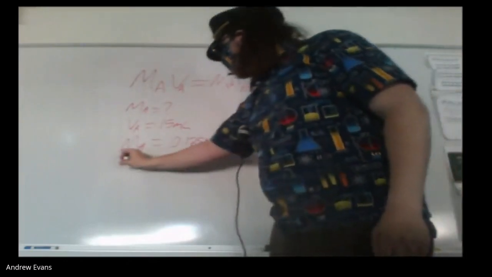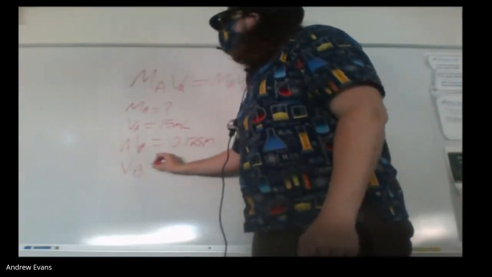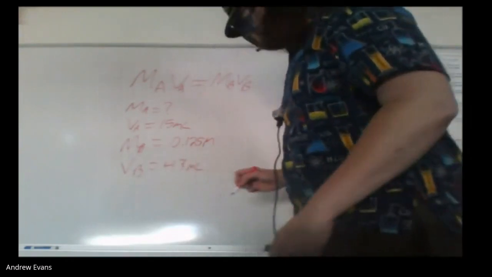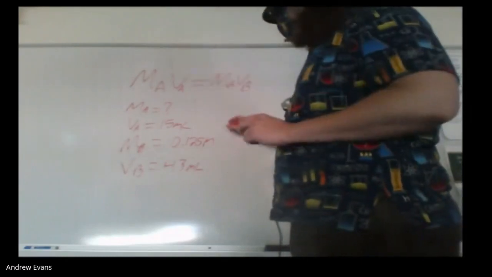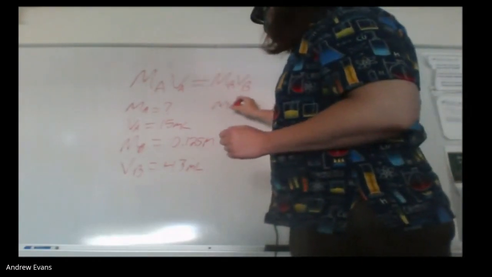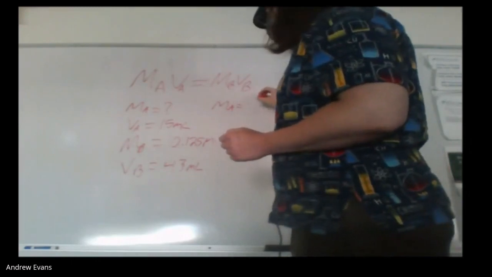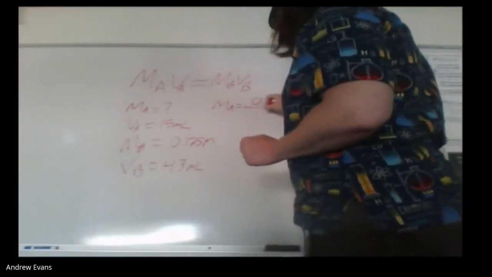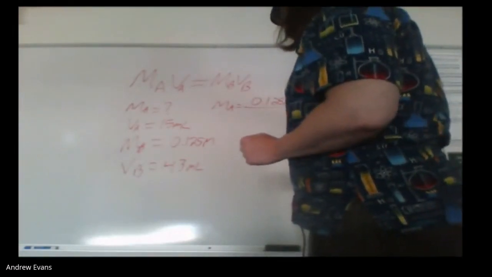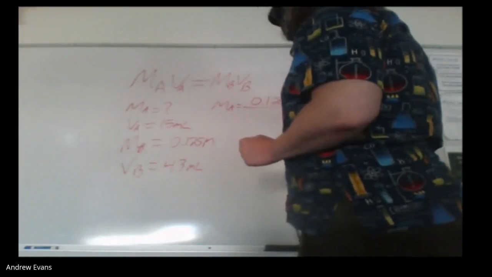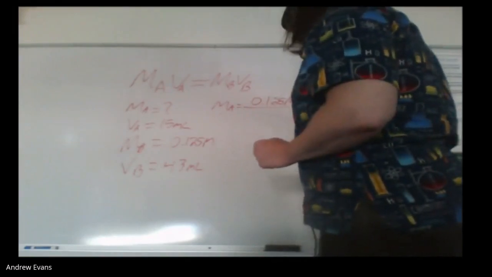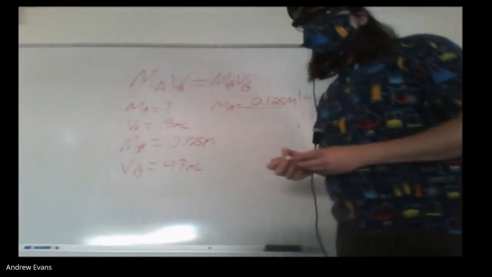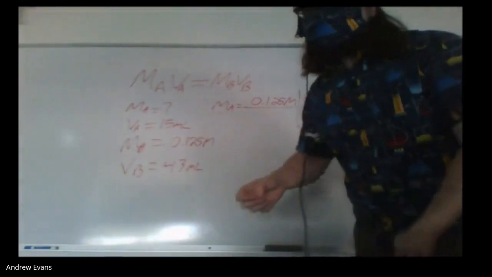And VB, now that we've established that, is 43 mL. So plugging in everything we know, MA equals 0.125 M times 43 mL over 15 mL. mL and mL cancel, and the units we would be left with is molarity.